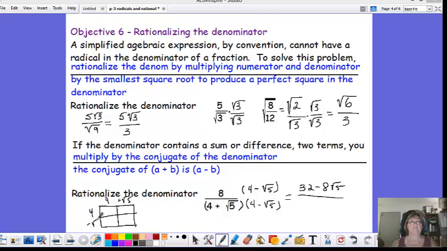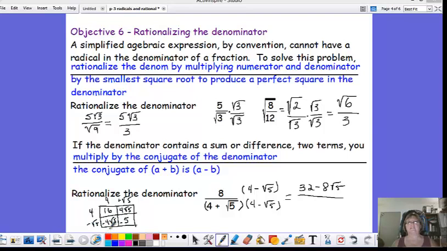Quantity times quantity is when you use that box method. 4 times 4 is 16. 4 times root 5 is 4 root 5. 4 times negative root 5 is negative 4 root 5. And root 5 times negative root 5 would be negative 5, because root 5 times root 5 is 5, and one of them was negative.